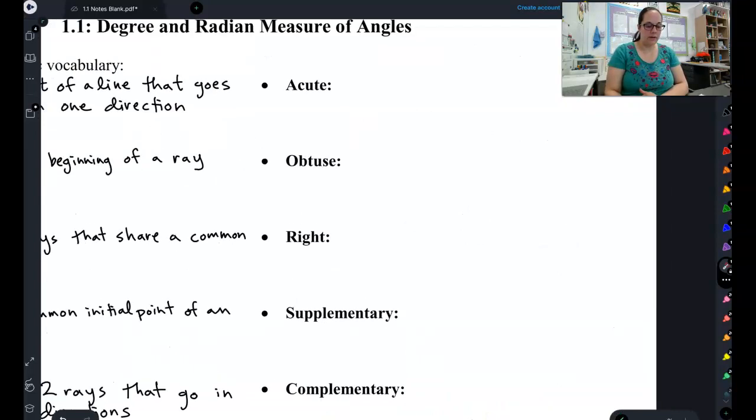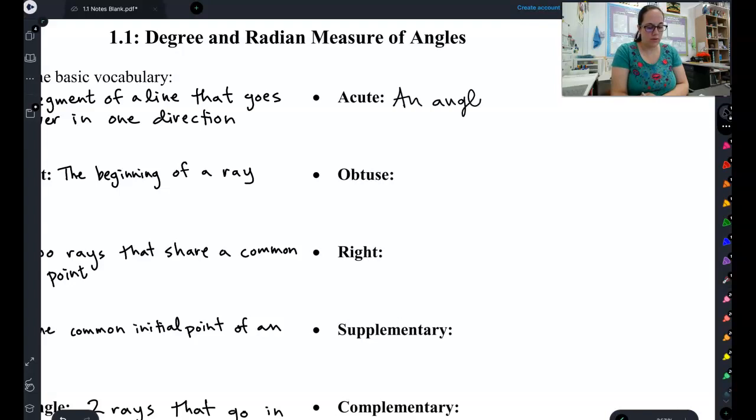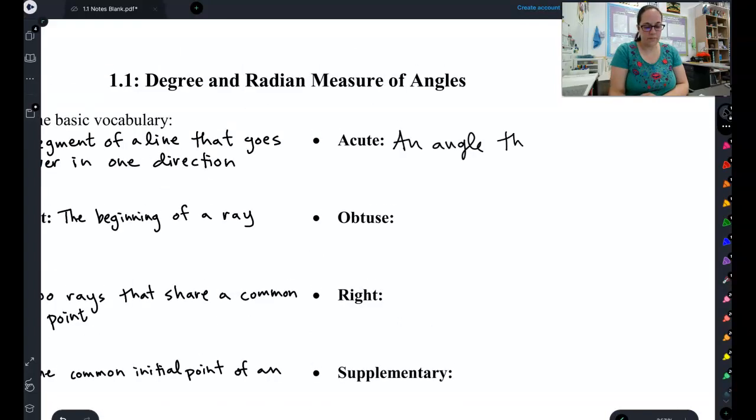With that in mind, let's do a couple more angle definitions. We have an acute angle, which is an angle that measures between 0 degrees and 90 degrees.